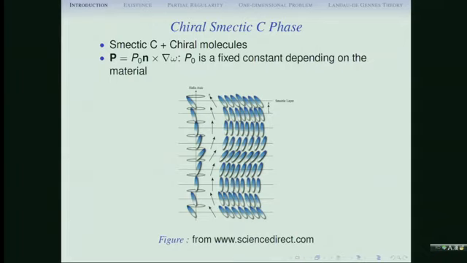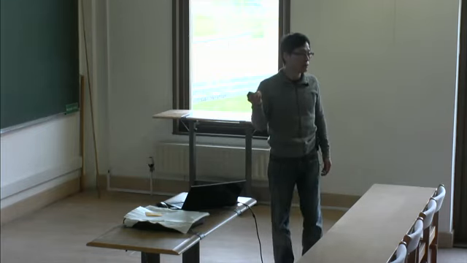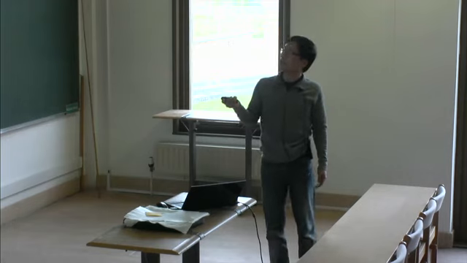In this case, at the bottom surface, molecules tilt in this direction, but when you go along this direction the molecule turns around, still sitting on this cone and turning around the z-axis. And this one actually makes the bistable switching possible. So that is the surface stabilized ferroelectric liquid crystal display.